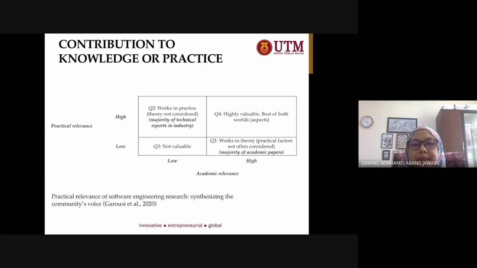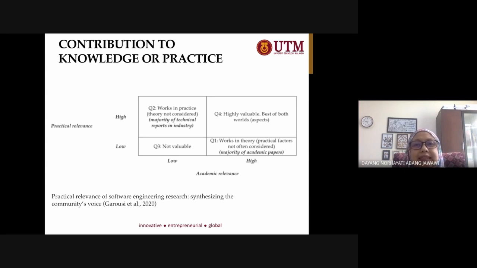Okay, and most, not all, students in university are focused on the Q1 quadrant, where the majority of our work is more on theory and minimum in practice.